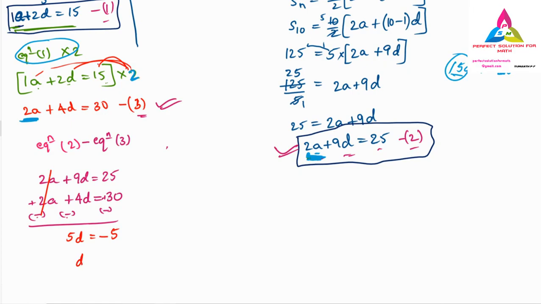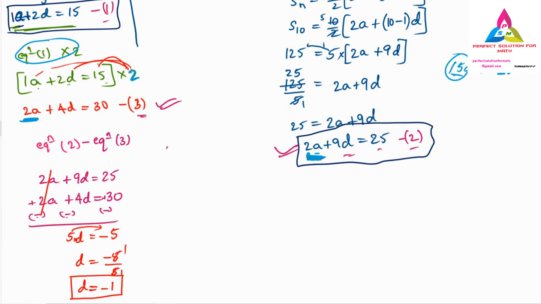So d you have to keep as it is, minus 5 you have to keep as it is. This 5 you have to shift to the other side, it is multiplication, so it will divide. So d value will become minus 5 ones are 5, so d value is minus 1. So we found the d value as minus 1. Remember this, we found the first thing we need, that is d value as minus 1.